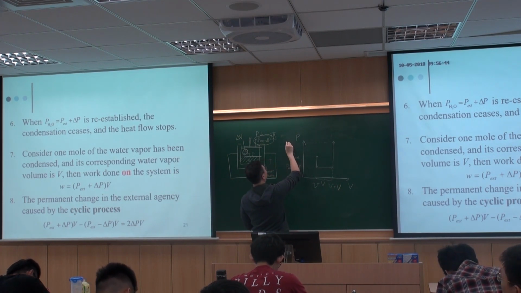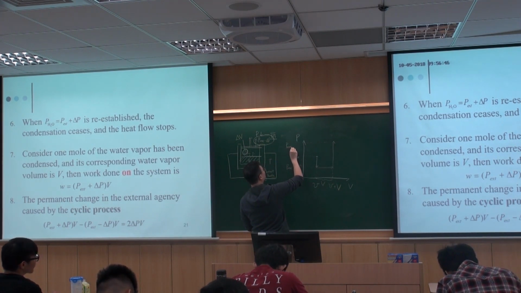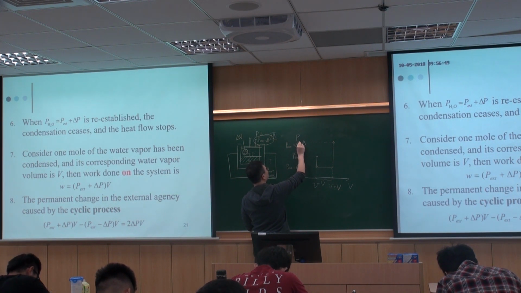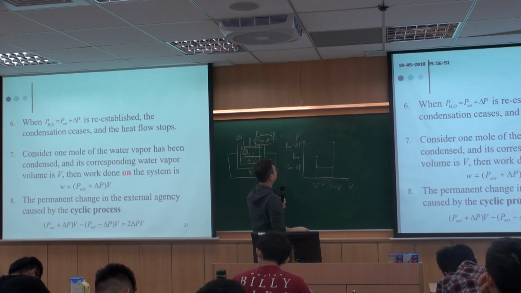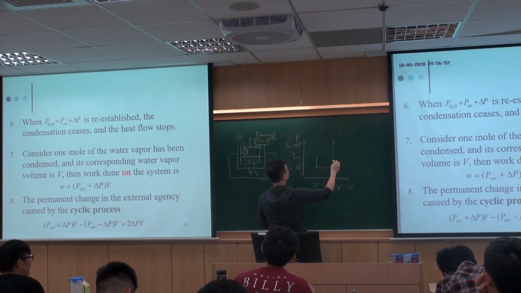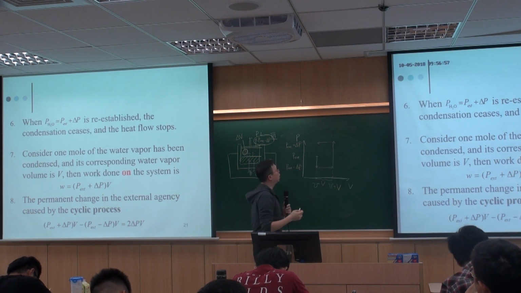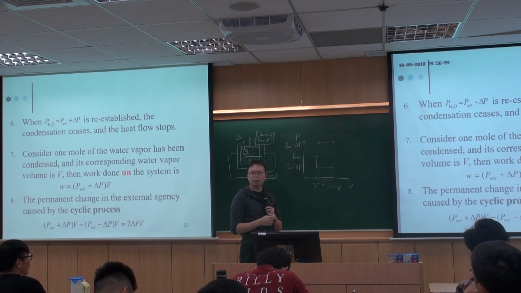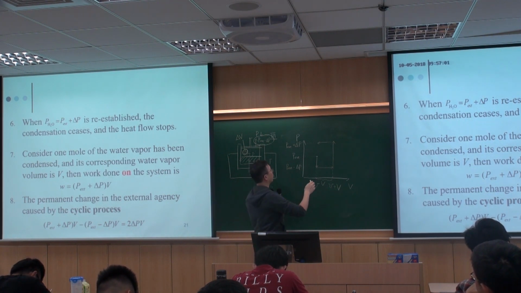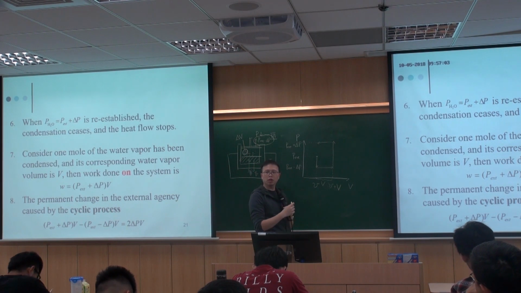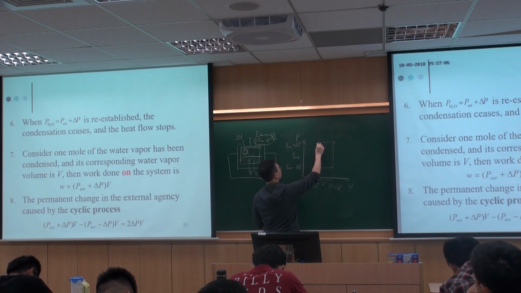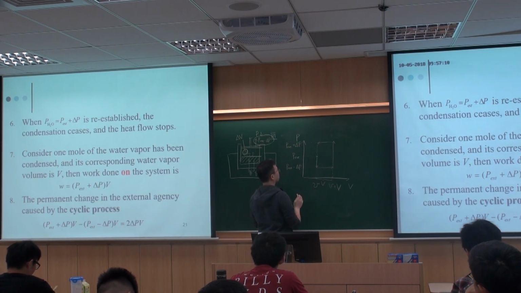And this is P external plus delta P. And eventually, the same amount of water vapor will be condensed back into the liquid part, right? So you can have this kind of cyclic process.